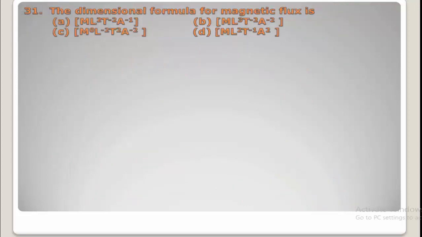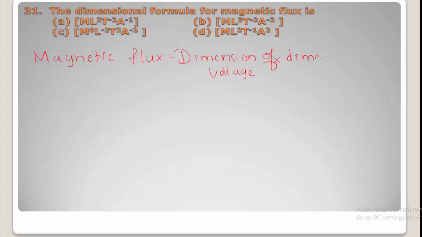The dimensional formula for magnetic flux: we have to determine the dimensional formula for magnetic flux. Magnetic flux is given by dimension of voltage into dimension of time. This is the formula for magnetic flux. Now substitute the dimension of voltage.